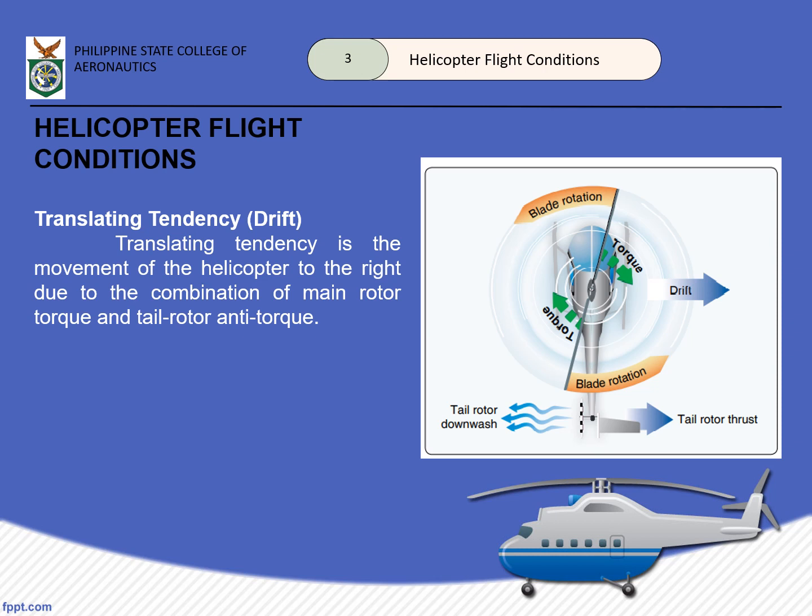So, una, by applying cyclic on the opposite direction ng ating movement ng ating heli. And pwede din nating i-rig yung main rotor mass rather to the left, which would move the component of our main rotor thrust, canceling out this tendency. And lastly, we can rig din yung ating cyclic control opposite sa direction ng tail rotor thrust.